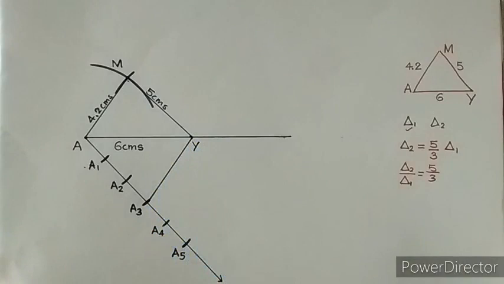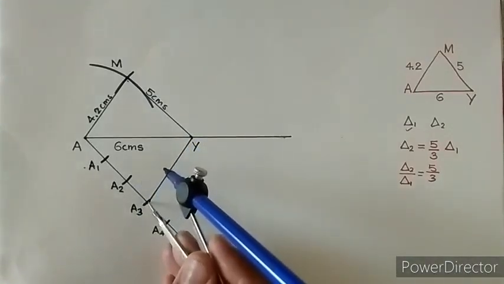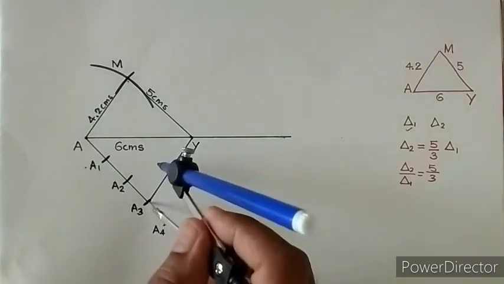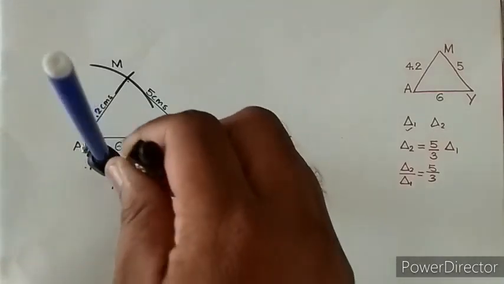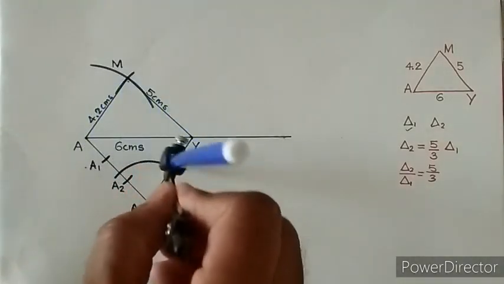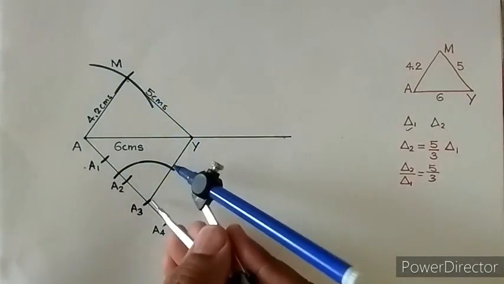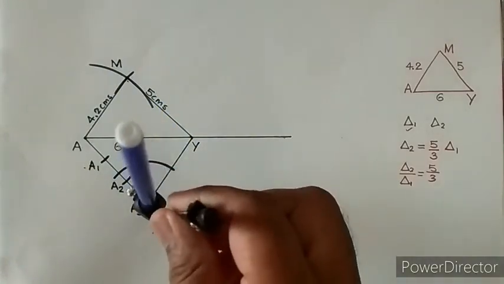For that, let's take our compass and keeping it at A3, with any measure we'll draw one arc. And with the same measure, keeping at A5, we'll draw the same arc.